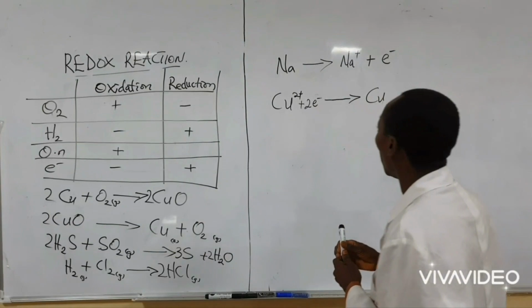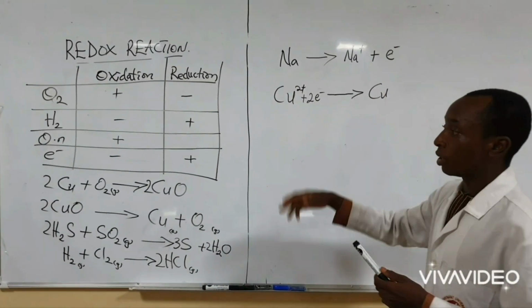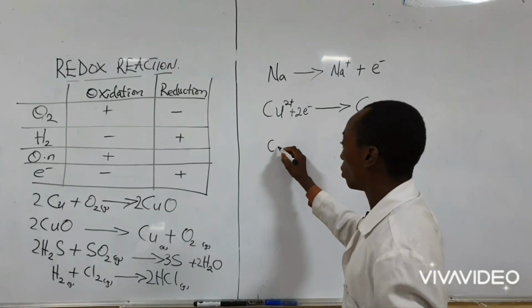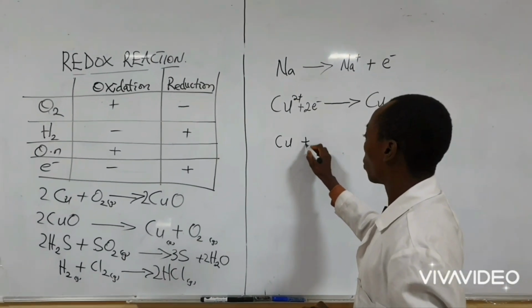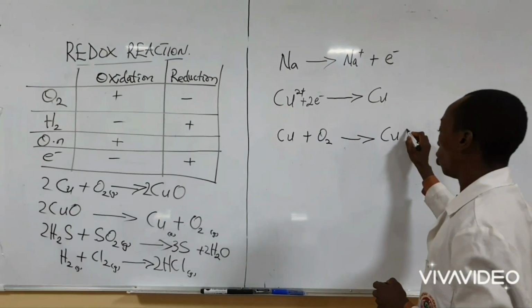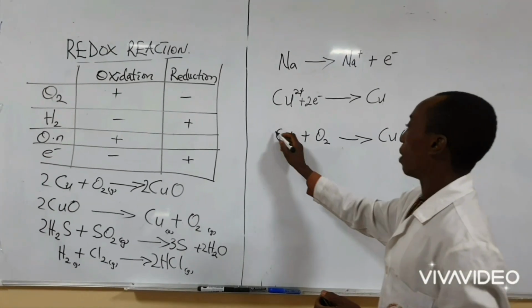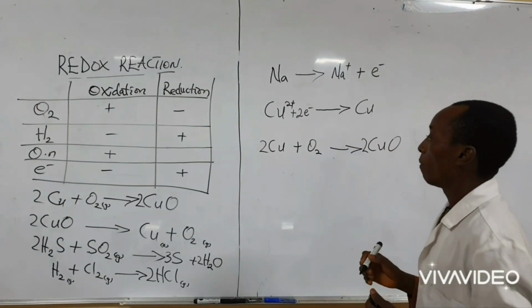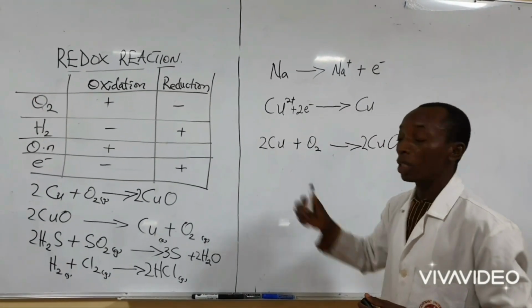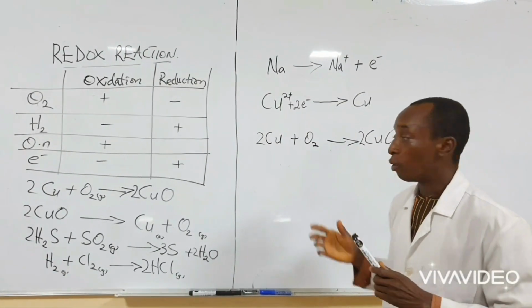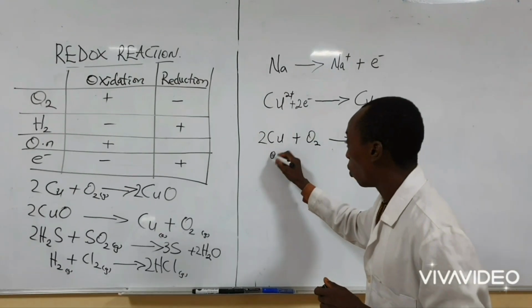Increase in oxidation number. Yes, you can pick any of these as an example. Let me pick this as my example: copper plus oxygen to give CuO. If I balance it, notwithstanding, it remains the same. This is copper, irrespective of the number of moles. Copper is standing alone. Therefore, its oxidation state is 0.